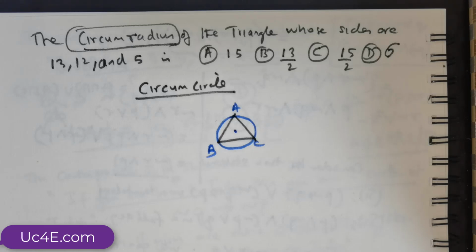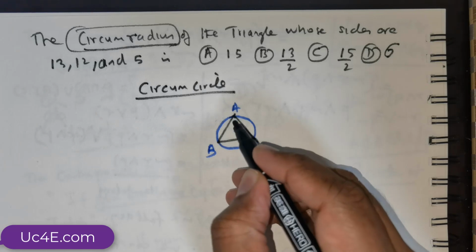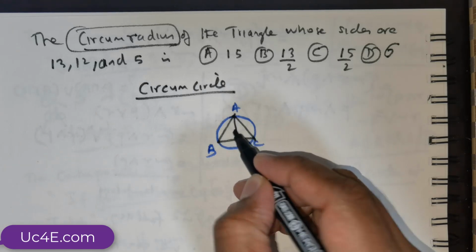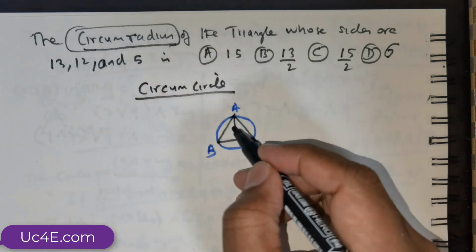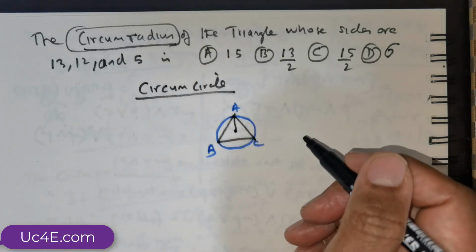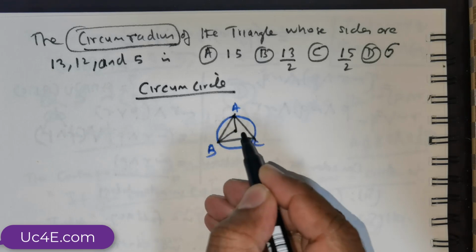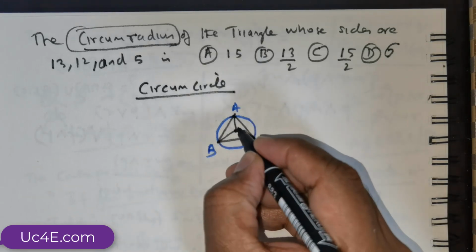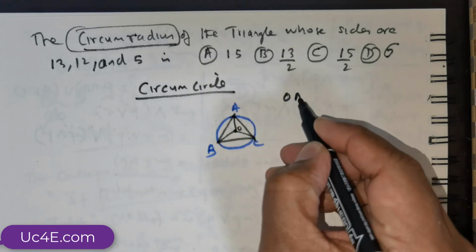Now circumradius is nothing but the line segment that joins a vertex to the center. They want us to find this length. It can also be this length. It can also be this length. So they are asking us to find the length of OA.